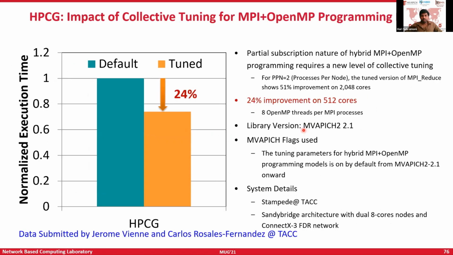Going forward, MVAPICH2 has support for system-specific collective tuning. Now, why do you need this? Different kinds of HPC systems have different communication characteristics and different architectural characteristics, which leads to a lot of choices in how you orchestrate the communication.